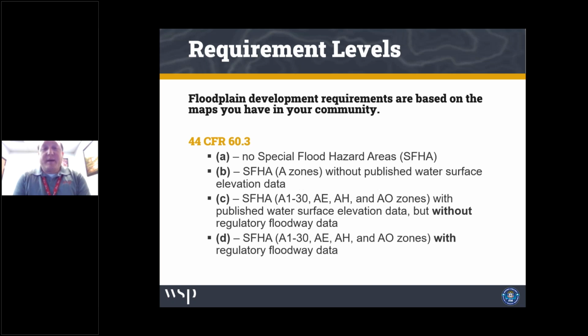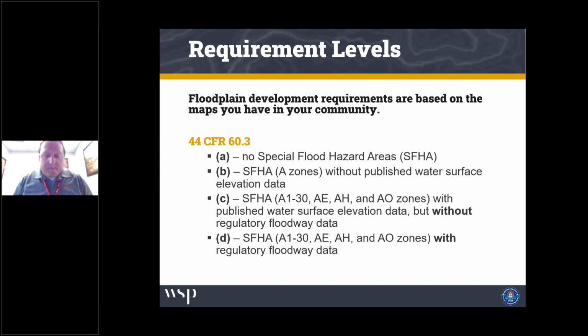Because FEMA has not established a regulatory floodplain there, then it's up to the communities to regulate that based on best available data and, to a reasonable assurance of flood, making sure that it's reasonably safe from flooding. And so because of that, there is no letter of map change process. So if you're under 60.3A, you don't go through the LOMC process.